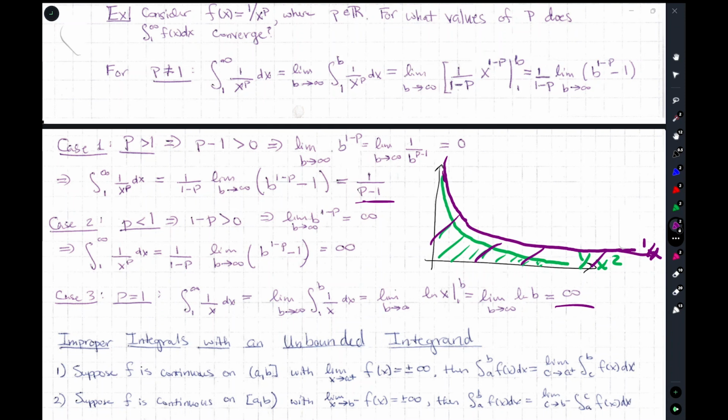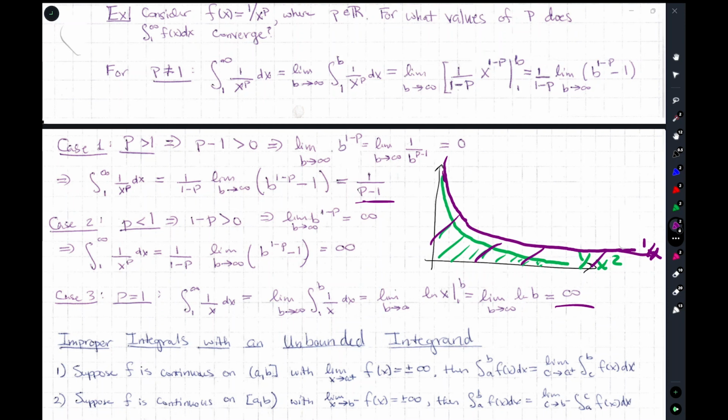With 1 over x squared, that's telling you can't do that. After 1/2, you can't possibly get an area greater than 1/2, no matter how far you go to the right. Okay? And so that's what that's telling you.